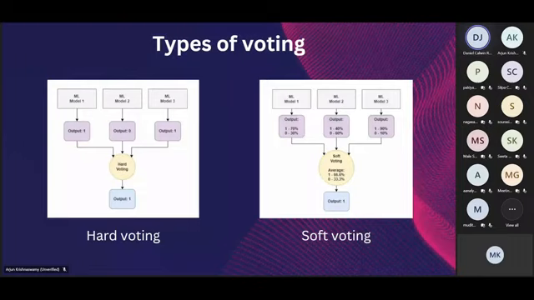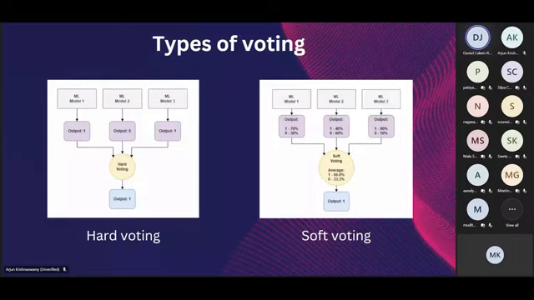Whereas in soft voting, it's going to be a bit more subtle. Here, instead of giving a straight answer, the model is going to give us a probability of the outputs. So in this case, we are going to take the average of those probabilities, and we are going to consider which has a higher probability percentage. From that, we'll be designing the final output.